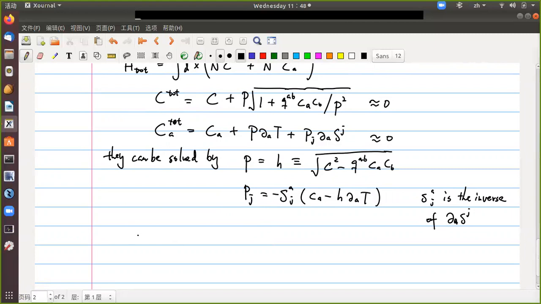So what do you mean by solving those constraints? By solving these constraints, you can understand this as giving equivalent constraints.